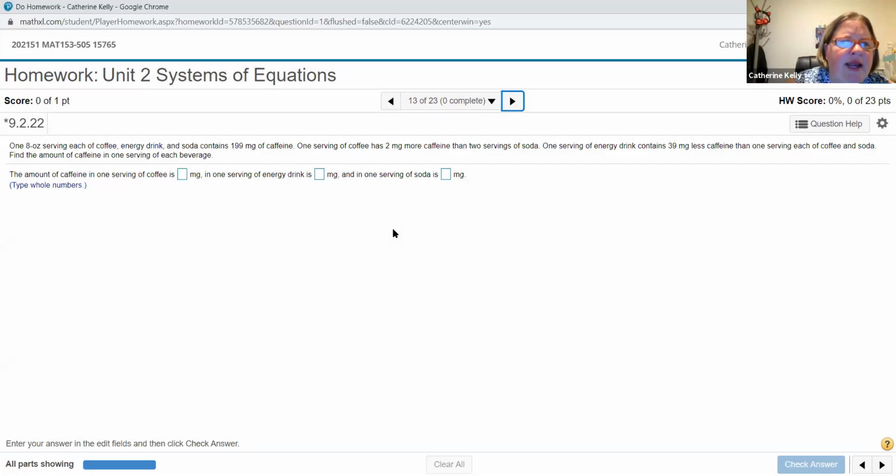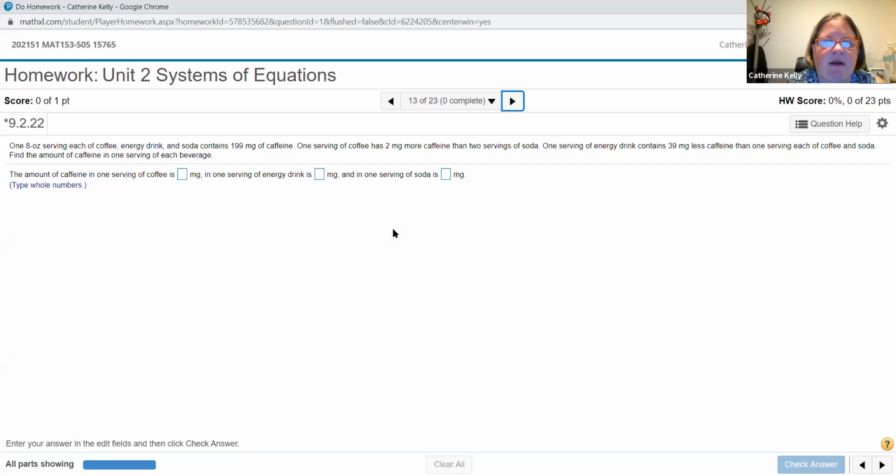And I have here, 1 8-ounce serving of each of coffee, energy drink, and soda contains 199 milligrams of caffeine. 1 serving of coffee has 2 milligrams more of caffeine than 2 servings of soda. 1 serving of an energy drink contains 39 milligrams less caffeine than 1 serving each of coffee and soda.